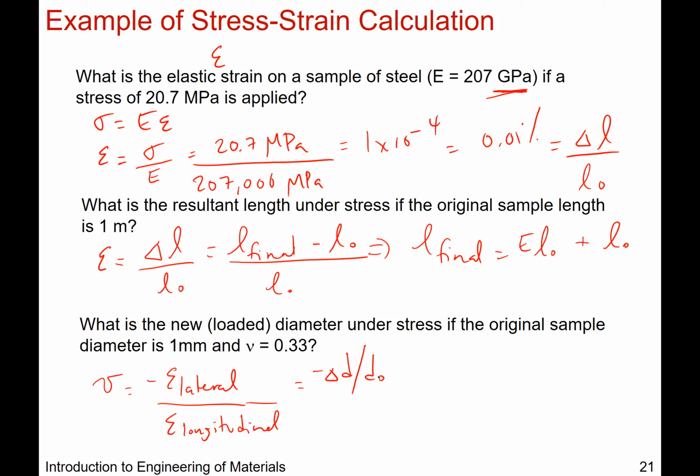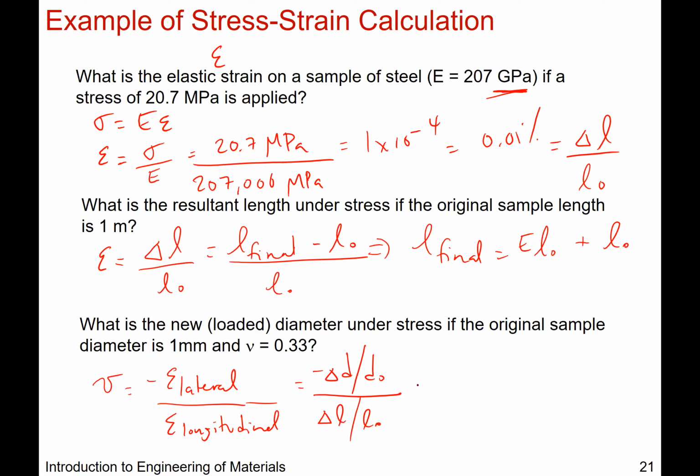The lateral direction will start off with some diameter, D naught. In this case, we're given 1 millimeter. And we want to know what the change is, delta D. We already know that this is delta L divided by L naught.